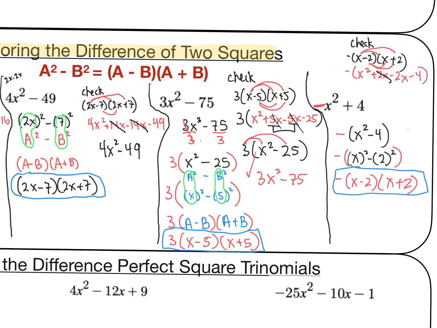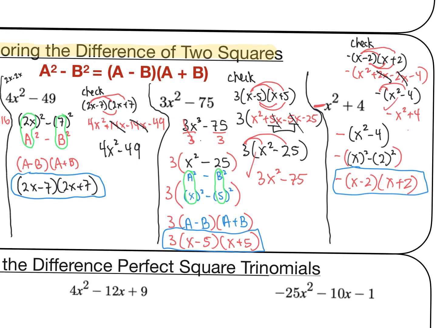These cancel out. I have a negative, and bringing this down, x squared minus 4. And then finally, distributing that negative in there, I get negative x squared plus 4. You can see that this right here is the same as this, so I know that I'm correct. Okay, checks out. So that's how we navigate the difference of squares.